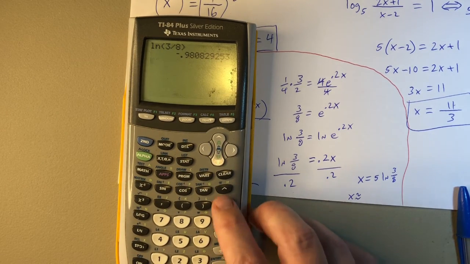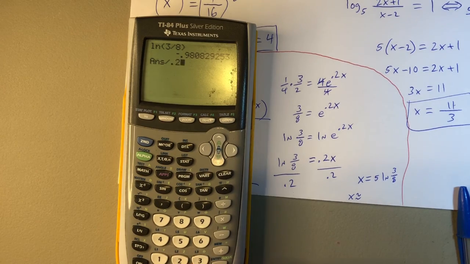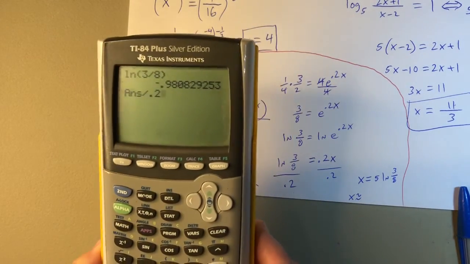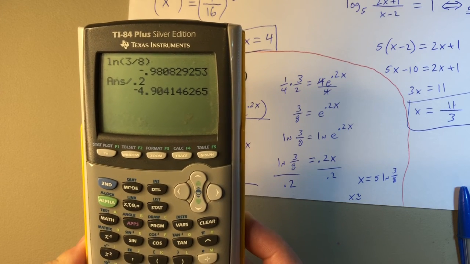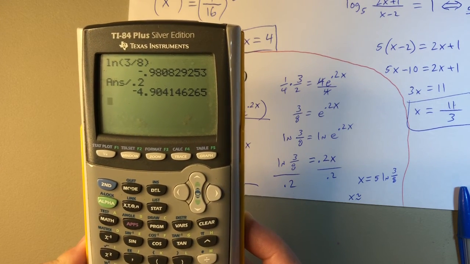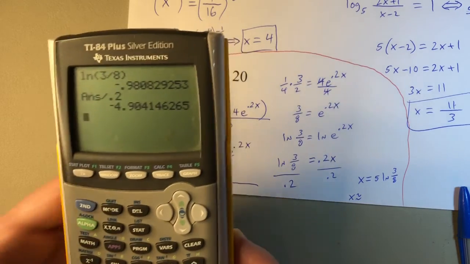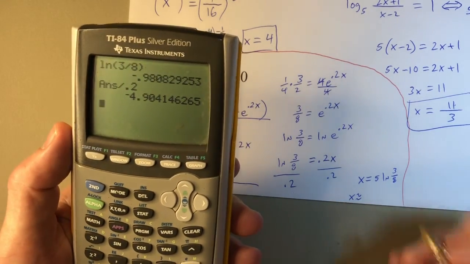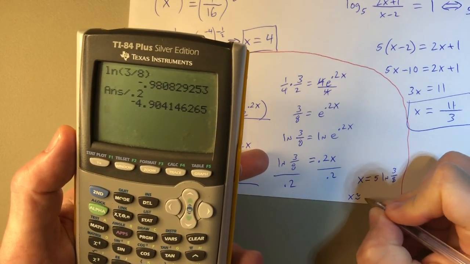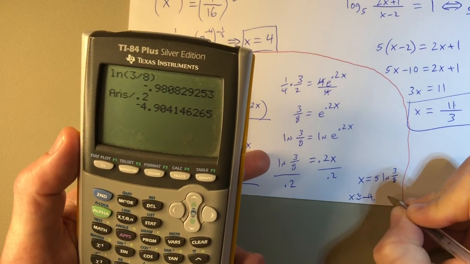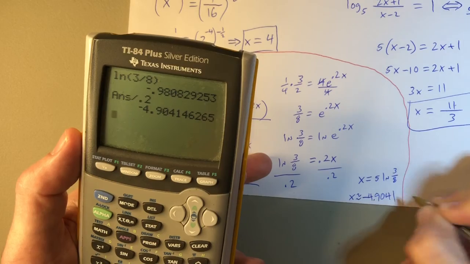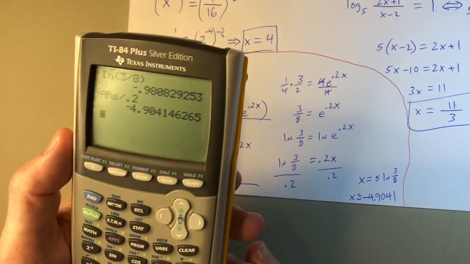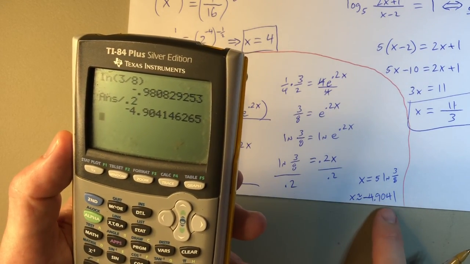Then I'm going to divide this by 2/10. And then let's go ahead and round this out to the nearest 10,000th, or 4 decimal places. So if I take this out 4 decimal places, I get x is approximately negative 4.9041. Okay, that's probably how you'll be asked to enter it in WebAssign, out 4 decimal places.